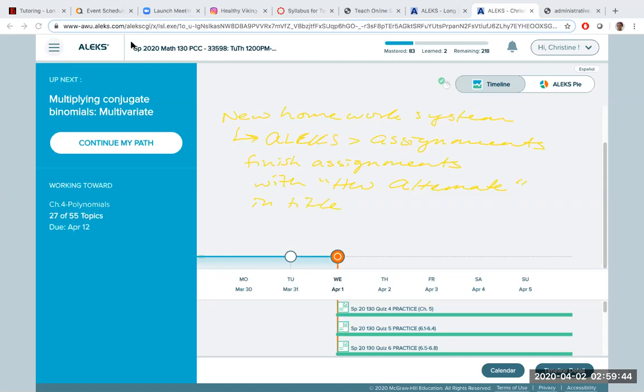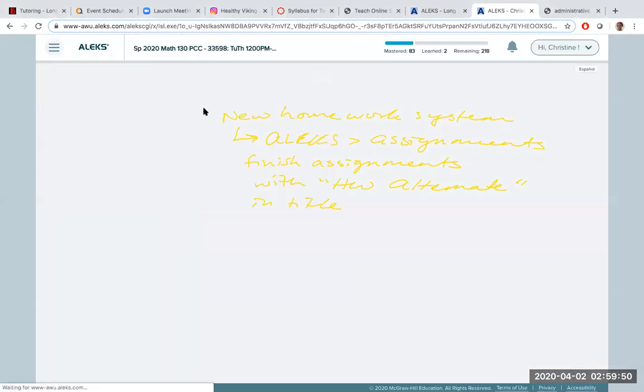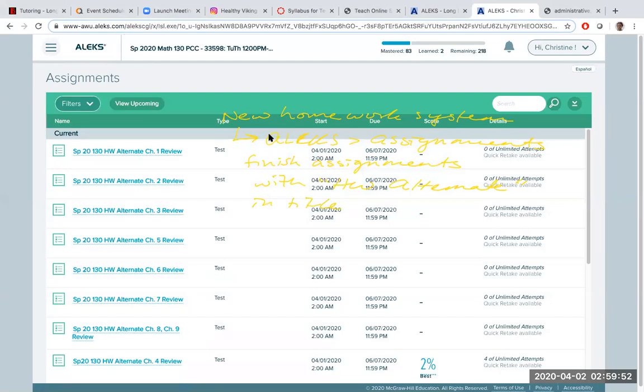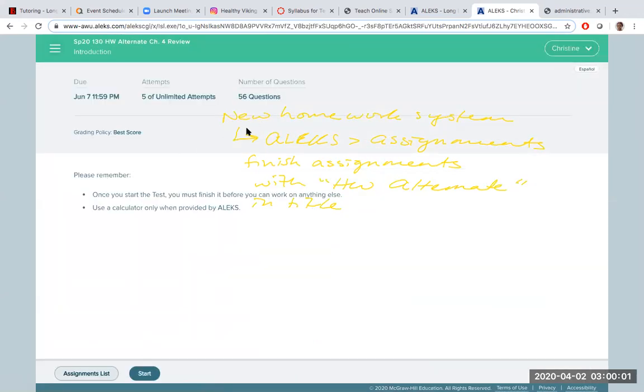Okay, so let's go ahead and see where we would go for this. So we're on chapter 4 right now. I'm going to go to assignments. And then I'm going to go to homework alternate chapter 4 review. Notice now we have 56 questions to complete.